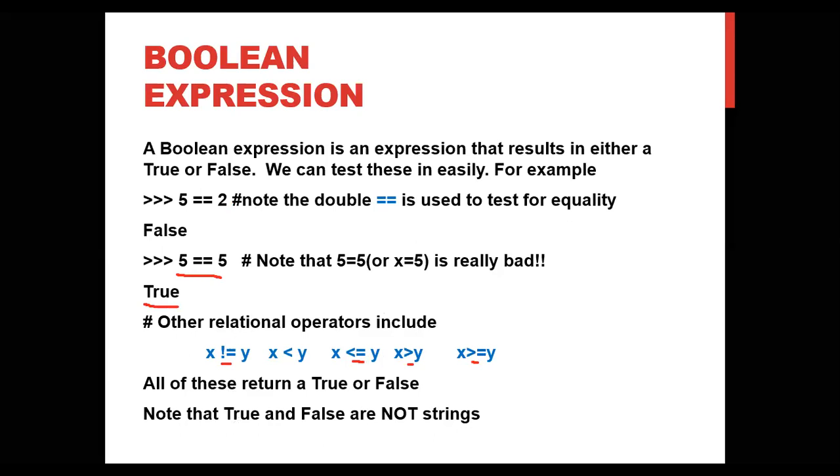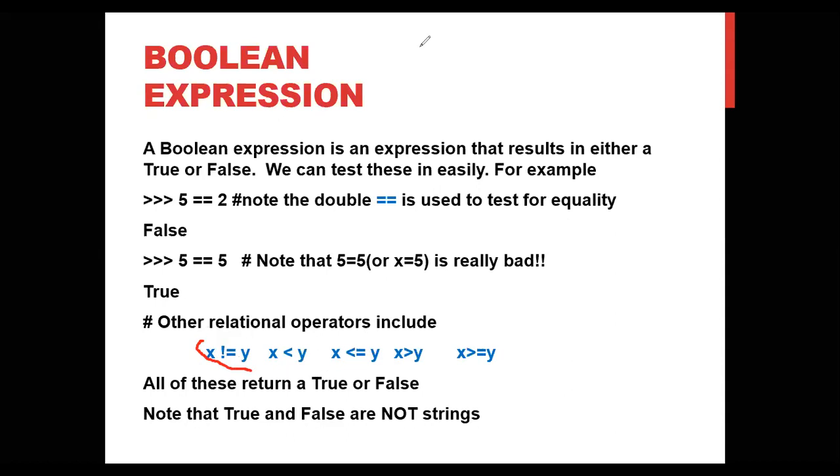These are Boolean expressions, Boolean operators. These operators are also called conditional operators. A conditional operator checks the condition, that means it compares the two operands, whether equal, less than, greater than, like that.